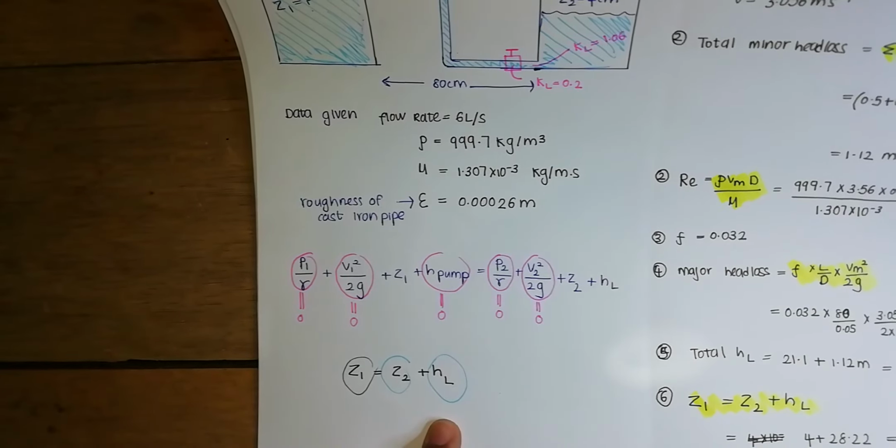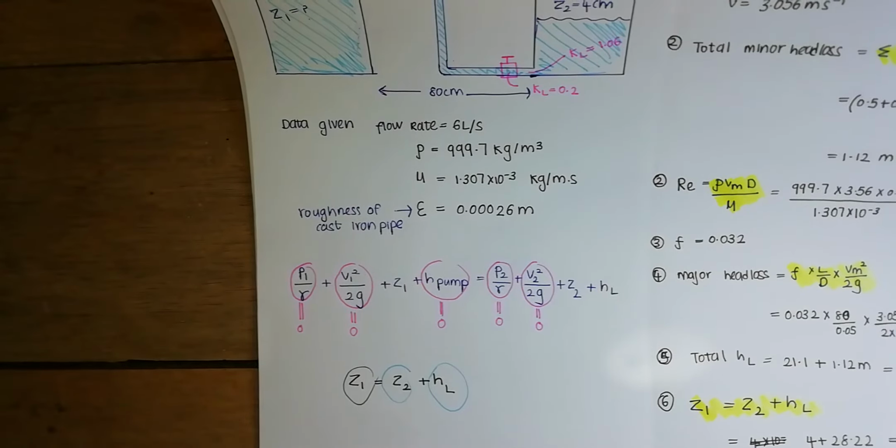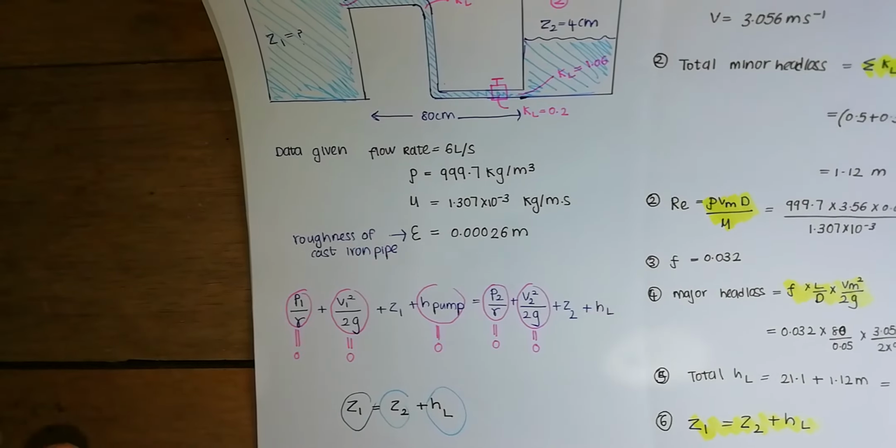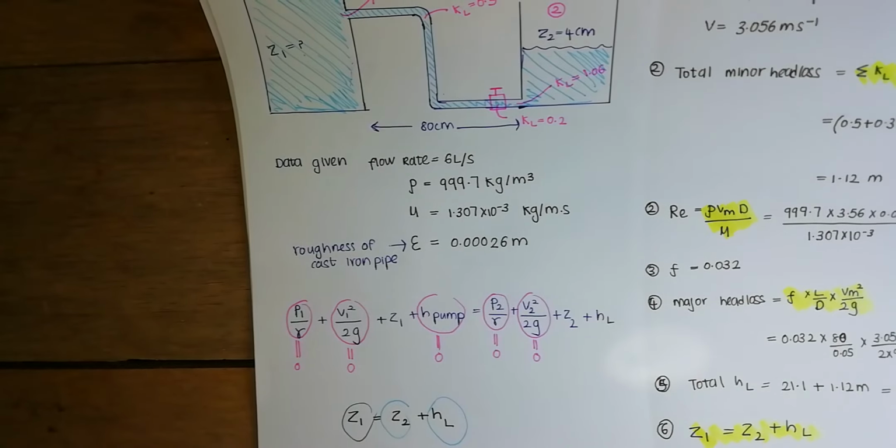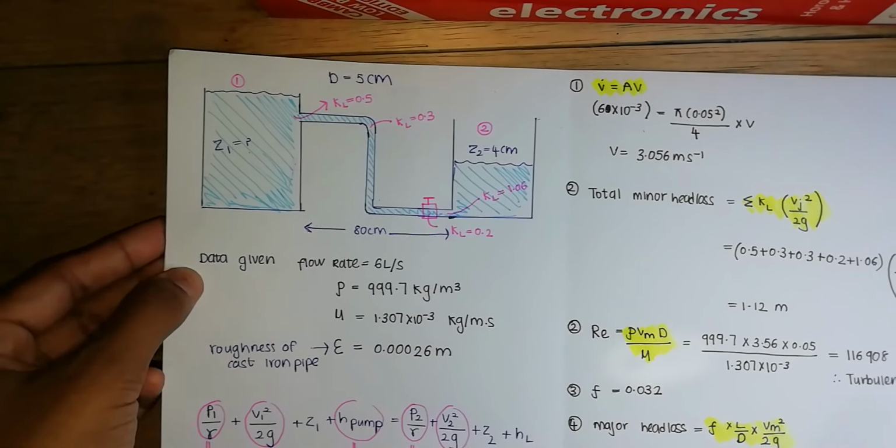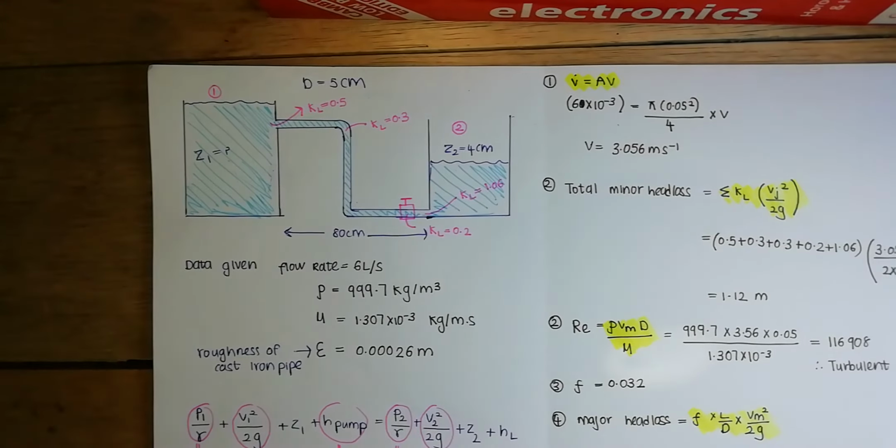HL is the head loss. To find head loss, we need to find the major head loss and the minor head loss. In order for us to do that, we need to first start out by finding the velocity. There is an equation that combines velocity with this data we have: volume flow rate is equal to area into velocity.